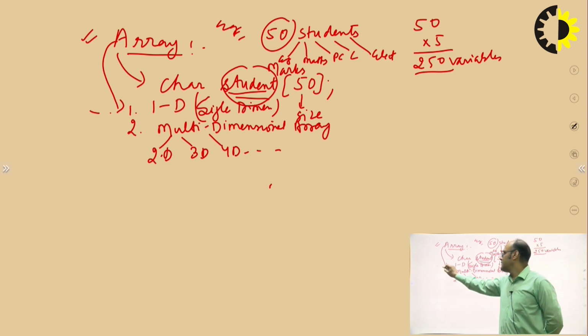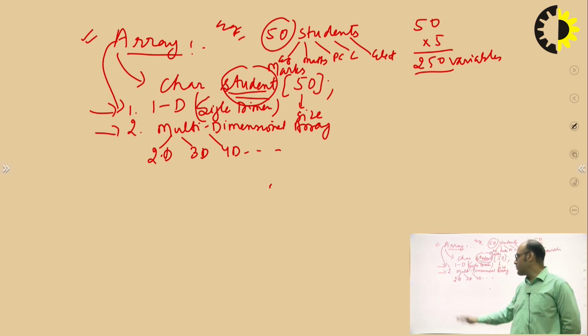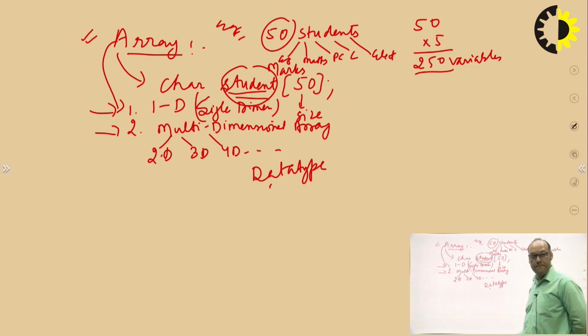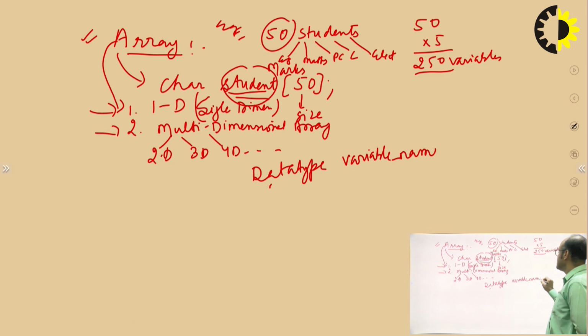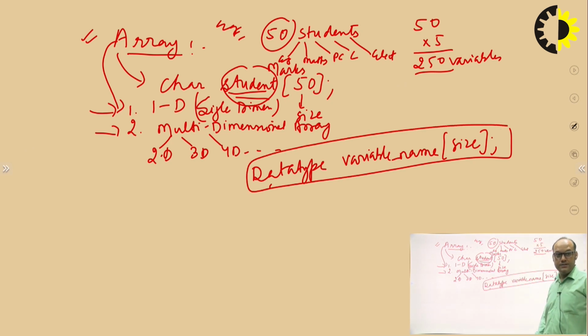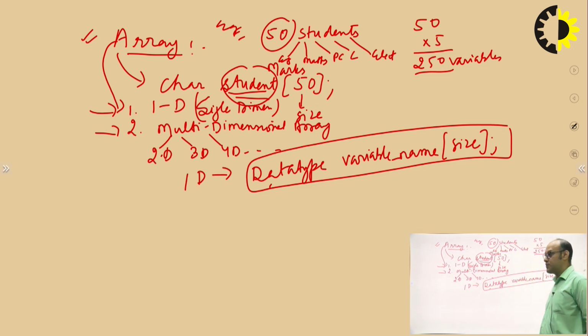But basically there are 2 categories of array, 1D and multidimensional. So how do we declare the variable? You define a data type, then the variable name, then you declare the size. This is how I declare a one-dimensional array. You just put the size here.